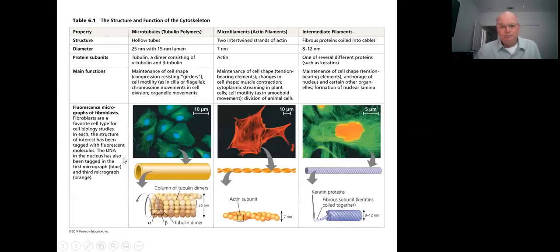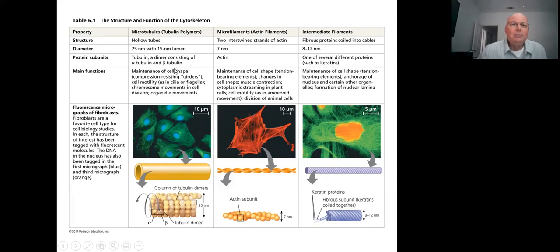And so this table, which is taken directly out of your textbook and is a good one to look at, gives you all of the features of the three components, their size, what they're made up of, what their function is, and then shows you the location of the various components of the cytoskeleton inside, in this case, animal cells.